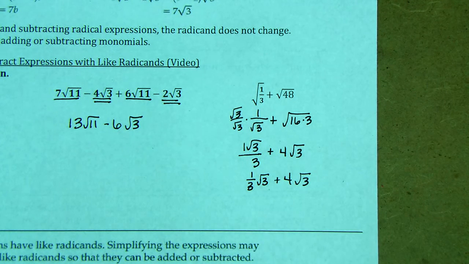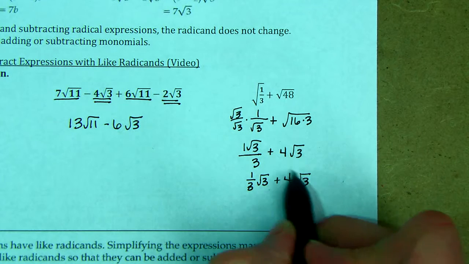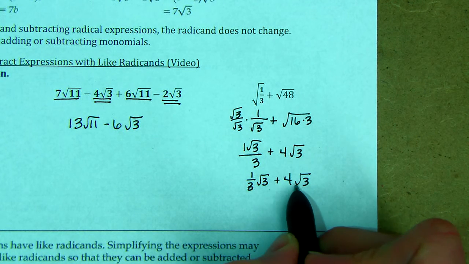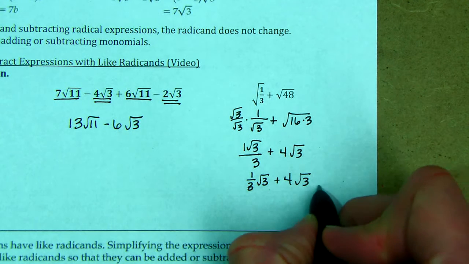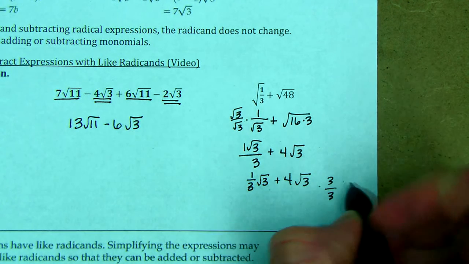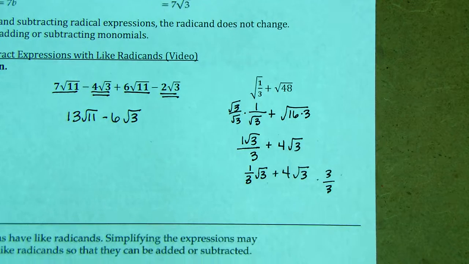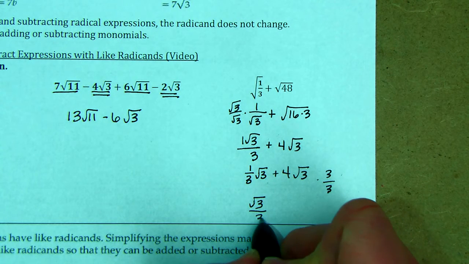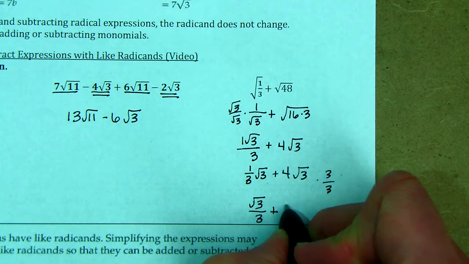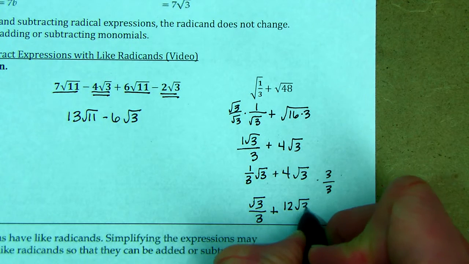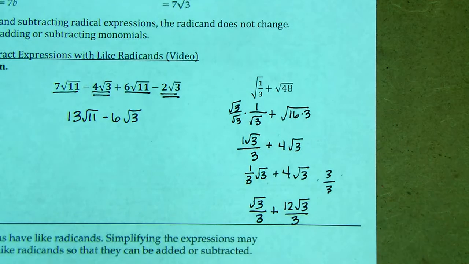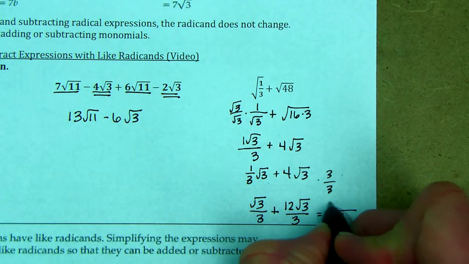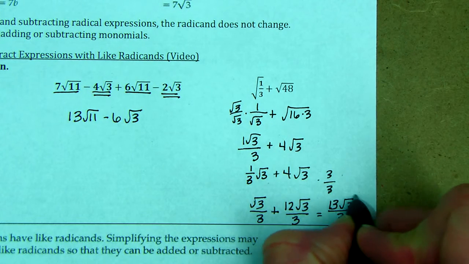So if I'm finding a common denominator, I would have to take this times 3 over 3, which becomes square root of 3 over 3 plus 12 square root of 3 over 3, which gives me, keep the denominator, 13 square root of 3. All right, so that one makes it significantly more complicated.